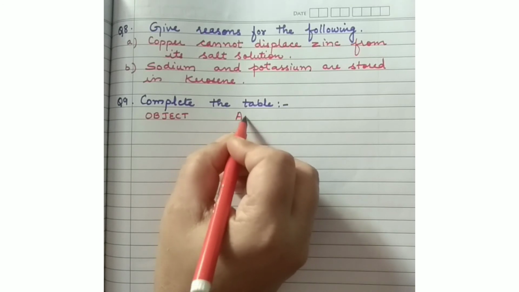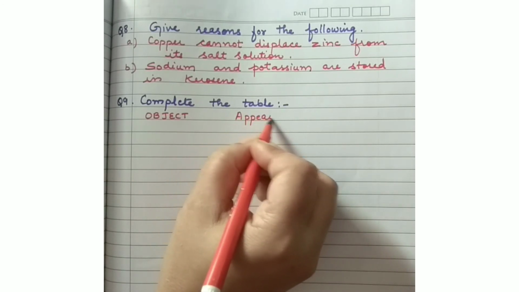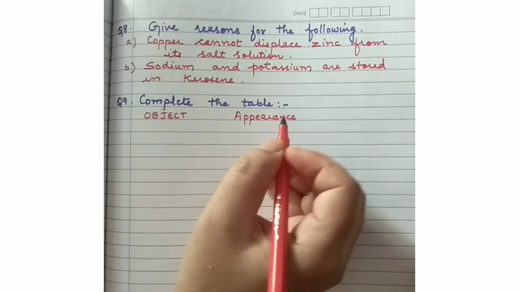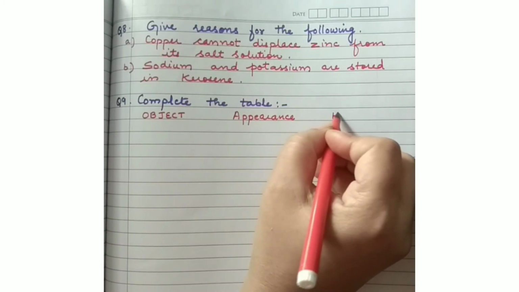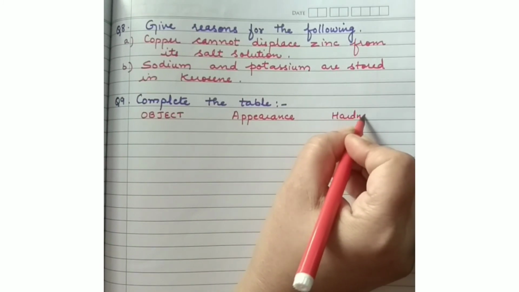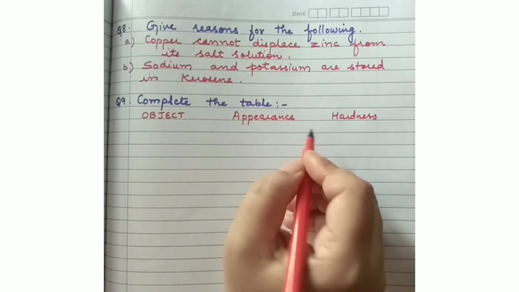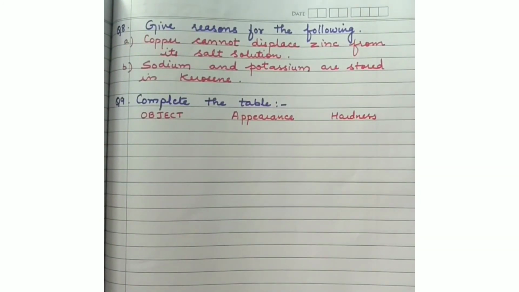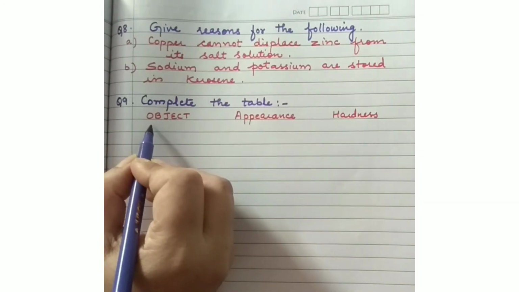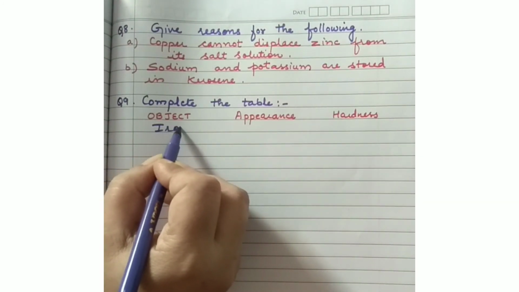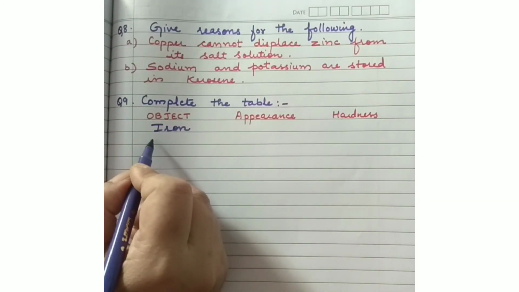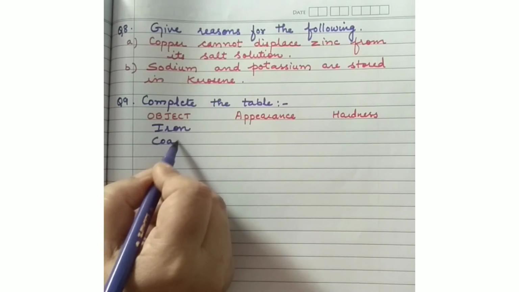First column is object. Then what is the appearance of that object? In third column write down the nature of the object, like hardness, whether the given object is very hard or less hard or soft.